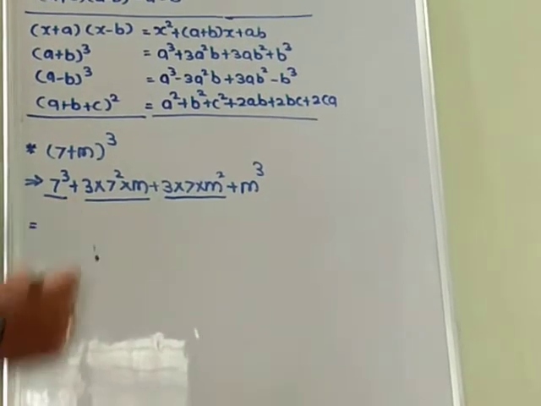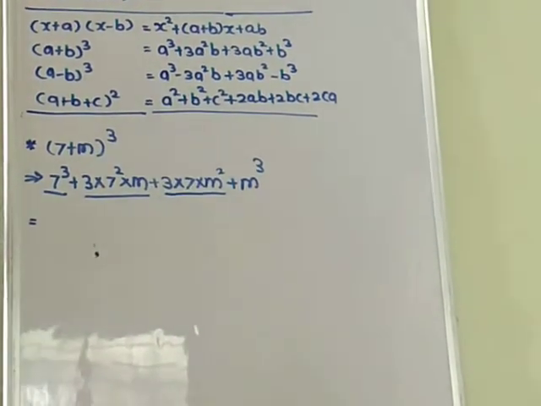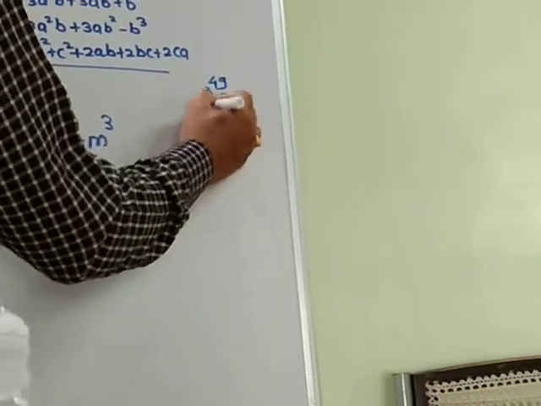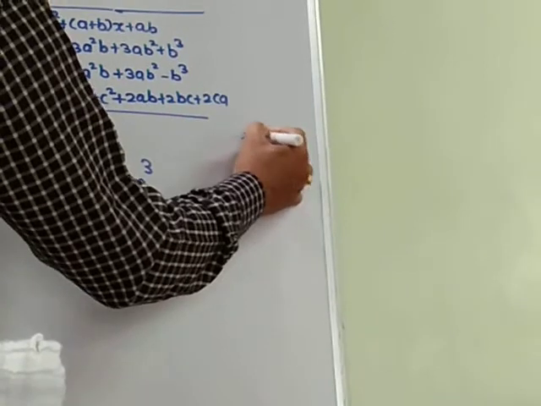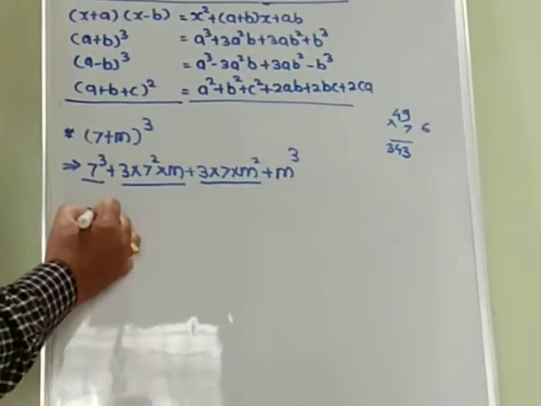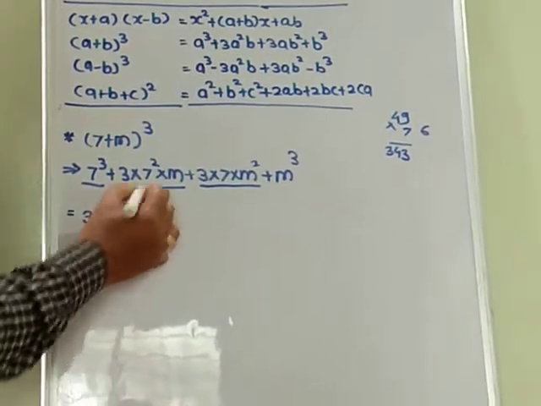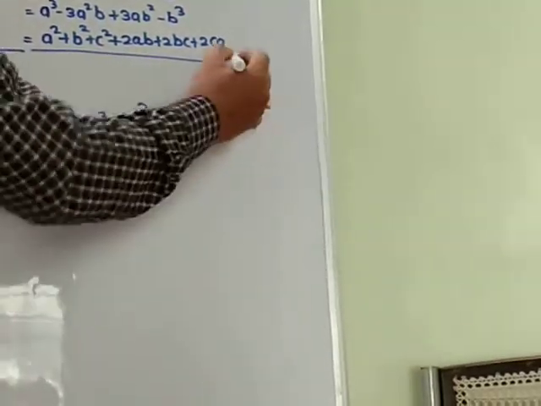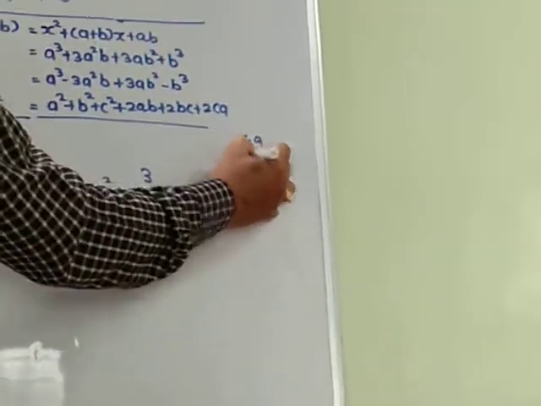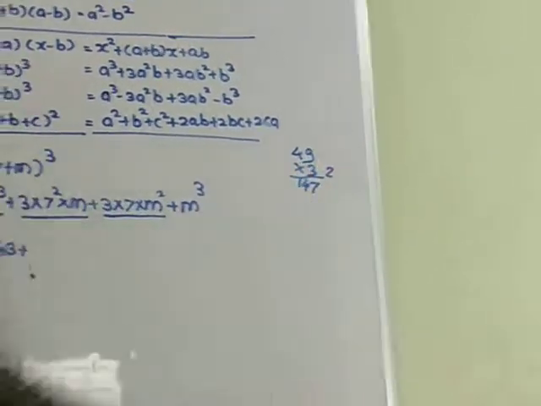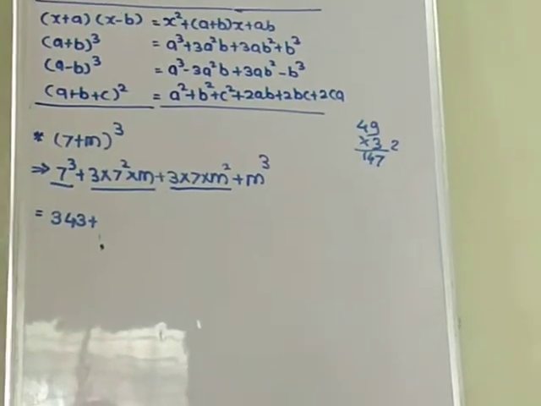Therefore 7 cube, what is 7 cube? 7 sevens are 49, into 7, 343, right? 343 plus 7 square is 49, 49 threes are 147, right?